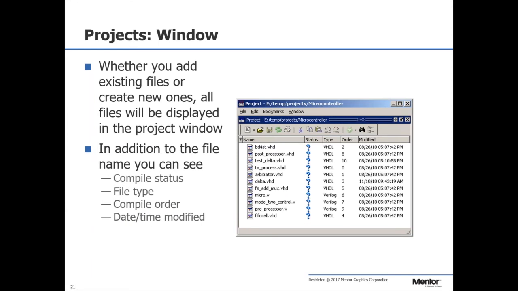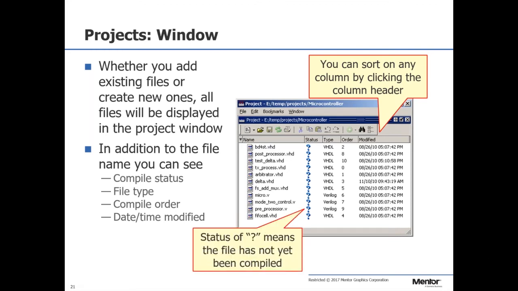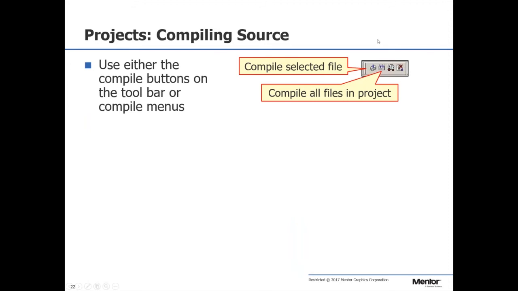Once those files are in the project, you can sort them to say, what's the top level, what's the next level down, etc. That will create a compile order for the files. And then once you have that project, this is the project tab, you can select a file and say compile just this file, or you can click here, that's compile all the files within the project.